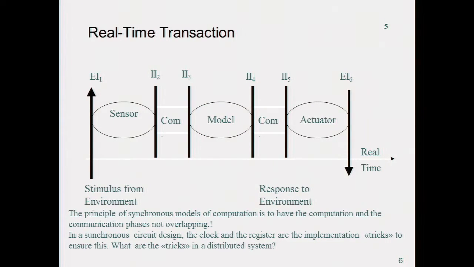So you are going to have a cycle where all the sensors tell the rest of the world what they are doing, and then the communication takes place, so it gets distributed to whoever needs to know. Then the computation occurs. Then when the computation is finished, you have a communication phase where this information that the model has been able to compute is delivered to the actuators.